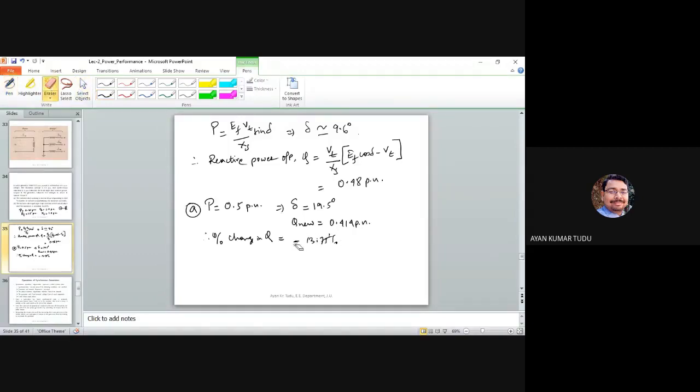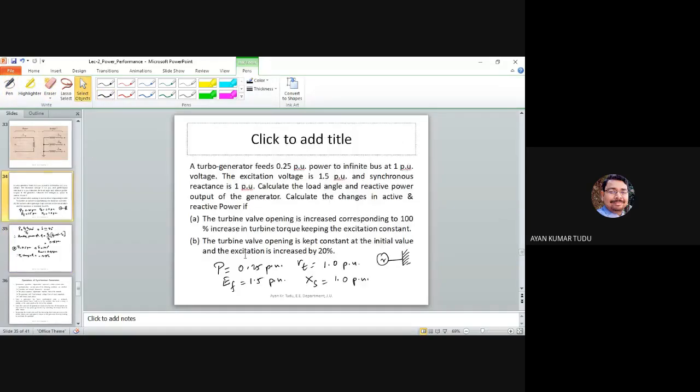Next, let's get back to the other half of the question. It was said that the turbine valve opening is kept constant at the initial value. So the turbine output is around our 0.25 per unit only, but the excitation is increased by 20%.